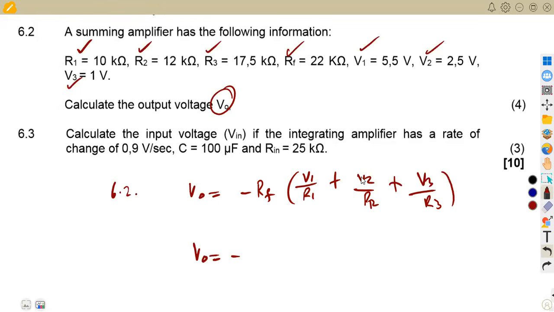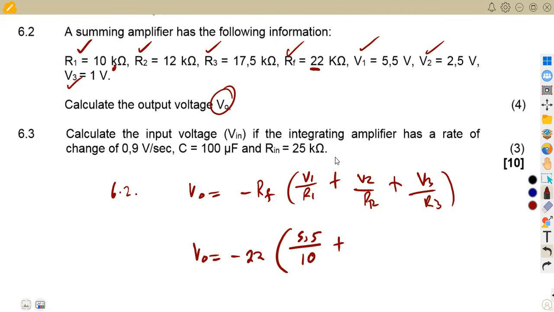So you can just write this as minus RF because all these values are in kilo ohms. Our RF here is 22, so it's going to be minus 22 times V1, which is 5, over R1, which is 10 kilo ohms. So it's just 10, because we have already factored out the kilo to cancel with the one on the negative 22.